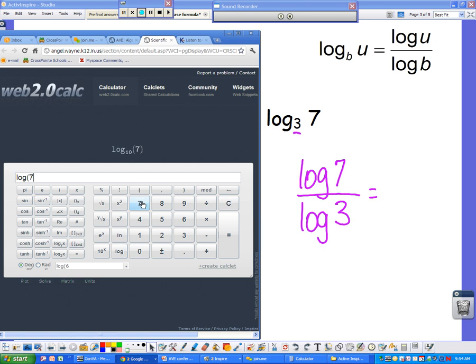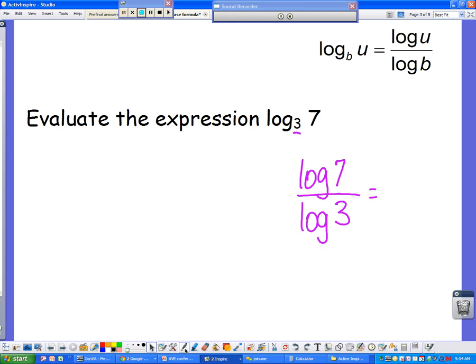We're going to do log of 7. Make sure you close the parentheses, and then hit the divide button, and then do log 3. As you can see in this problem, we have log base 10 of 7 over log base 10 of 3. Or remember, when we have just the common log, hit your equals, and your answer is 1.77, 1.77 as your final answer.